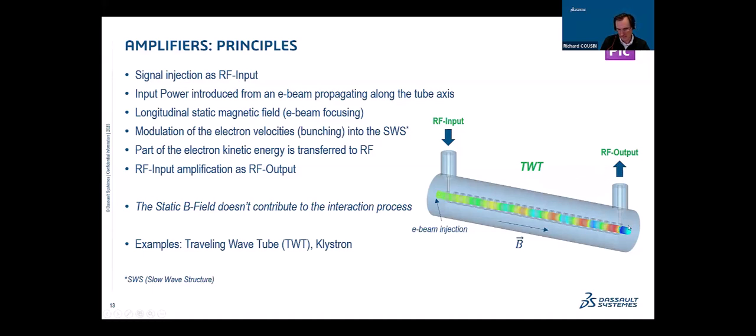The particle beam, which is propagating in the RF structures, is there to allow a transfer of energy from the particle beam to the RF structures, being amplified along the tube in order to extract the RF output power.